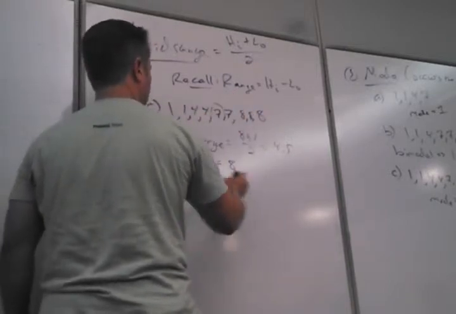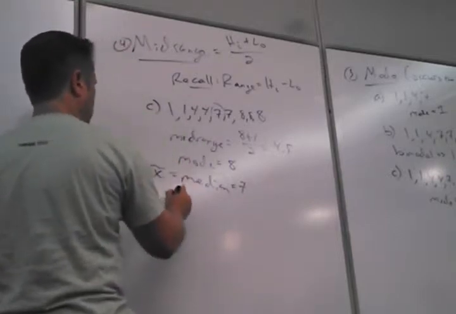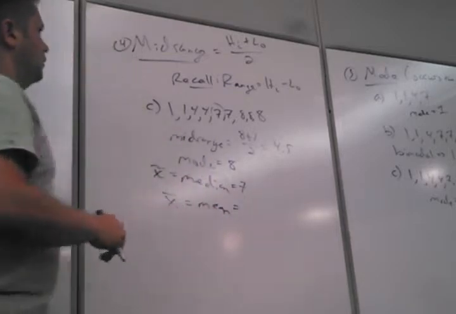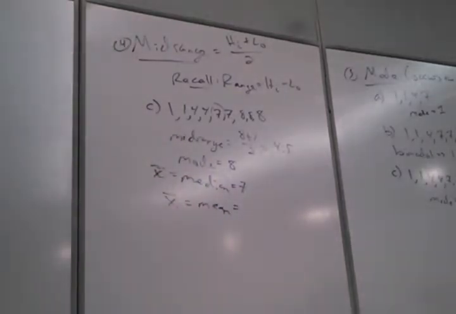So the median is 7. And what's the mean? 48 divided by 9 is 5.3333.